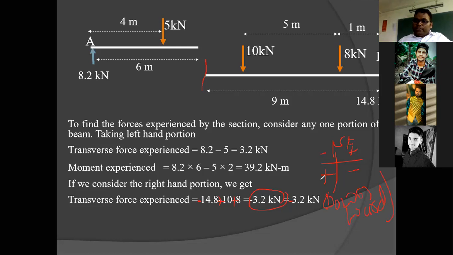This is a section, and this force is on the right side of the section. Right side of the section means this, and this acting from downward means positive, and both of these are acting upward, it's positive. So it comes to 3.2 kilonewton, but it is downward, and this one is upward. One downward came, one upward came.